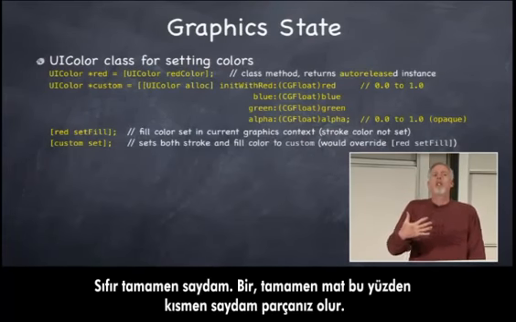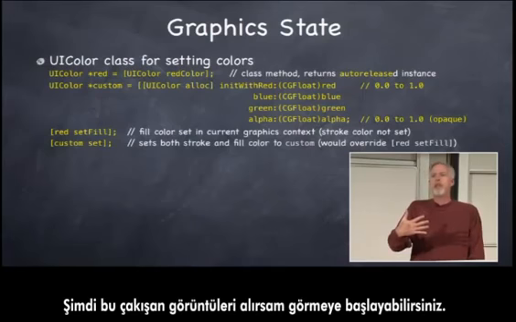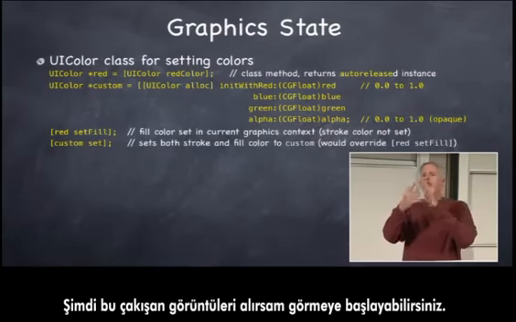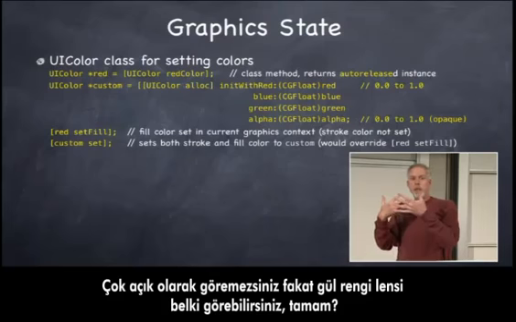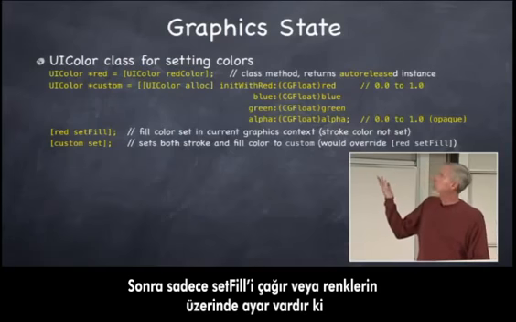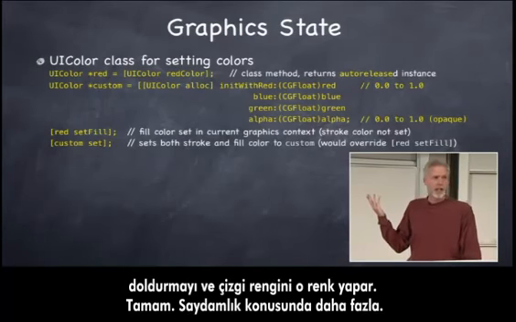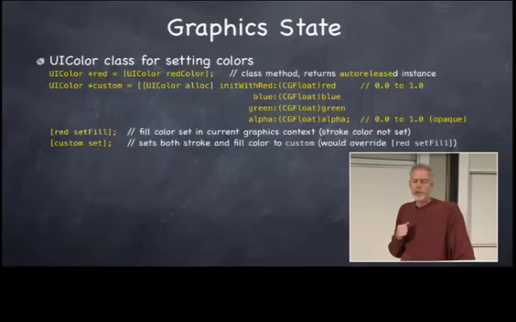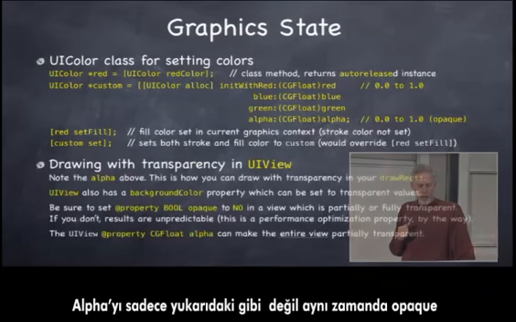So you can have partially transparent colors. Now you can start to see how if I have these overlapping views, you can see through, not just see through clear, but see through with a little bit of rose-colored lenses maybe, okay? And then you just call setFill, or there's also set, which sets both the fill and the line color to be that color, all right?